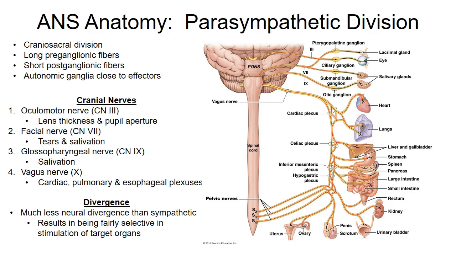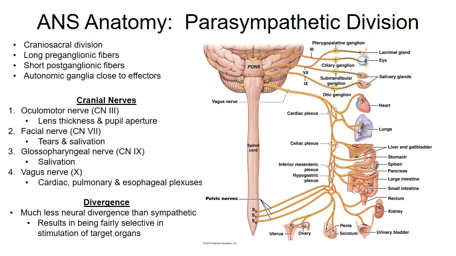So we say that here is the anatomical distinction between the parasympathetic and the sympathetic. For the parasympathetic, the efferent fibers come out of the cranial region and the sacral region. So a lot of times it's referred to as the craniosacral division.